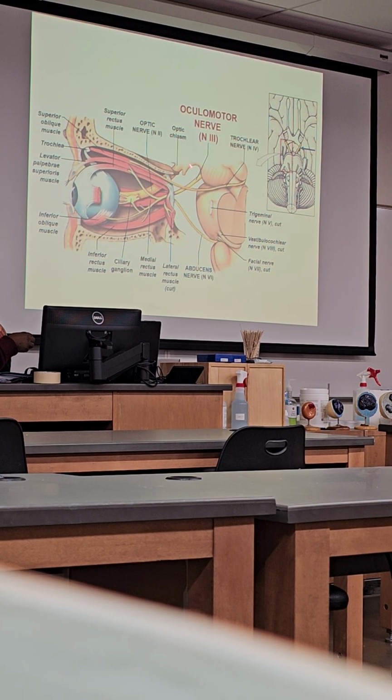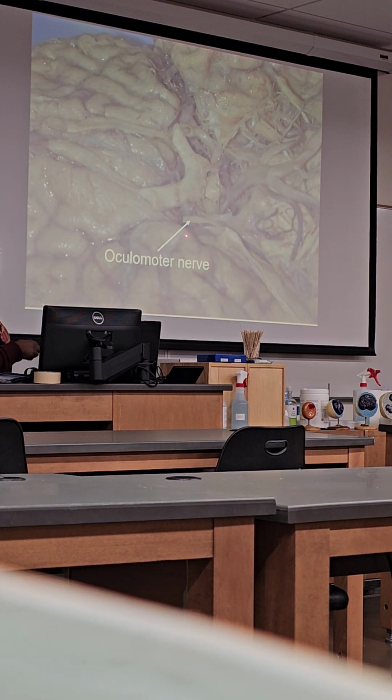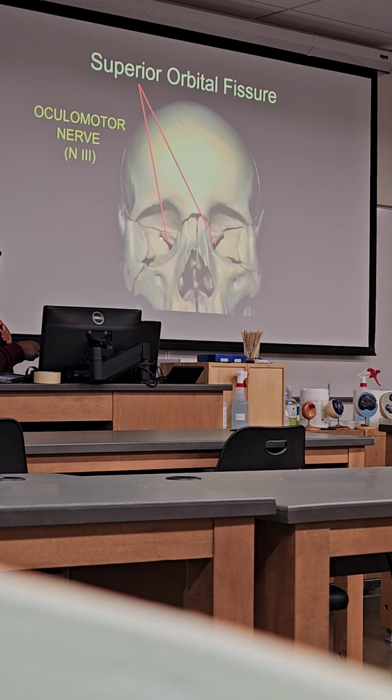Cell bodies are in the midbrain. The axons run out through the superior orbital fissure of the bony orbit and branch to innervate those muscles controlling the eyeball. There is the actual oculomotor nerve, running through the superior orbital fissure to get to those muscles.